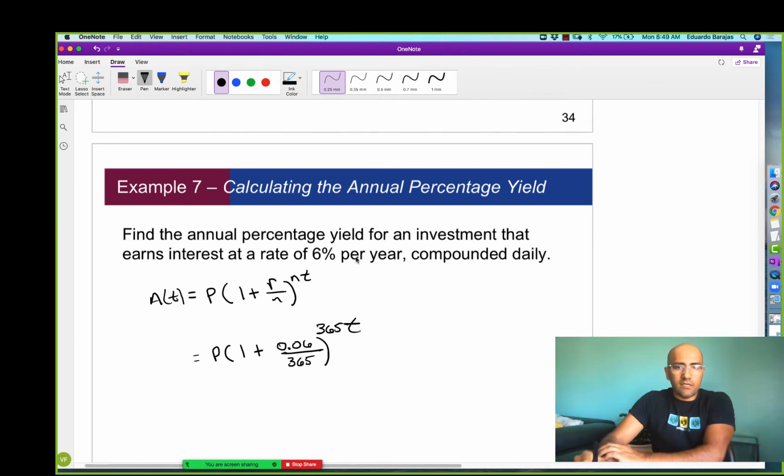And they give us t per year compounded daily. Find the annual percent yield for an investment that earns interest at a rate of 6% compounded daily. All right, so let's make t equal to 1, say for 1 year.